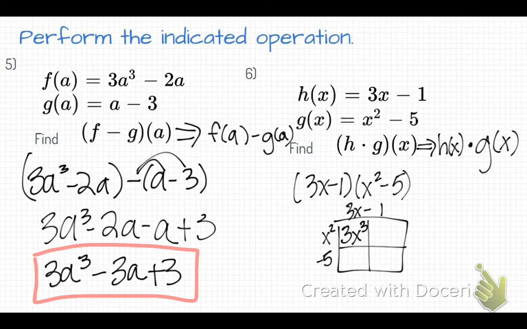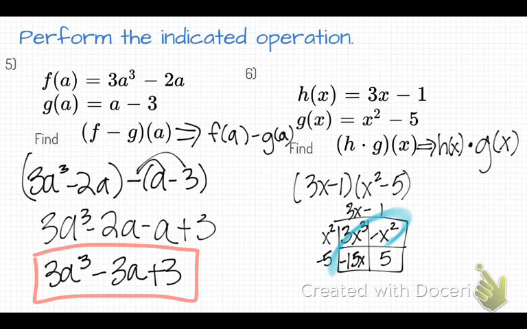Good. Okay. Now what about 3x times negative 5? Negative 15x. What about negative 1 times x squared? Negative x squared, or negative 1x squared, and negative 5 times negative 1 is a positive 5.